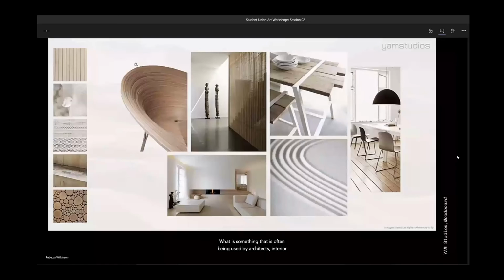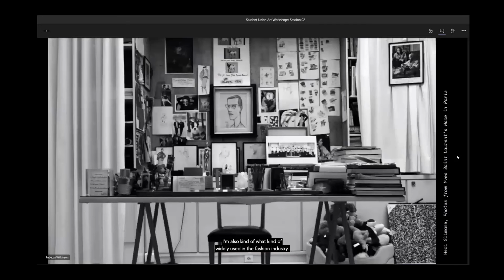A mood board is something that is often used by architects, interior designers, graphic designers, also widely used in the fashion industry. It's essentially a collection of visual material, images, drawings, text, color, etc., that represent a tone or a mood. And it's used to set the tone or the stage for any creative project.